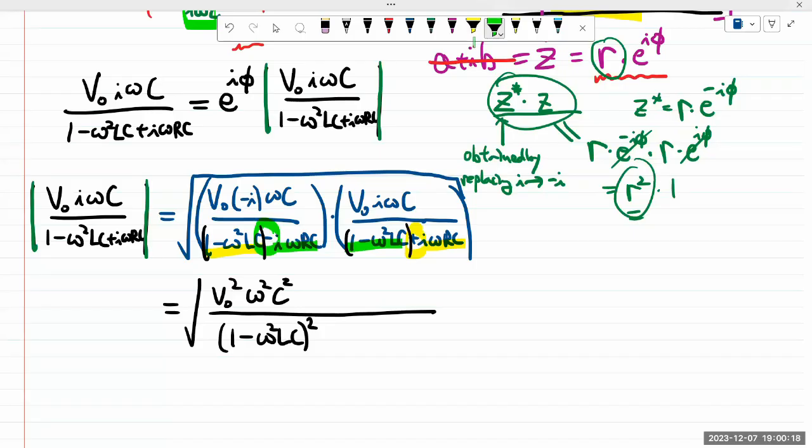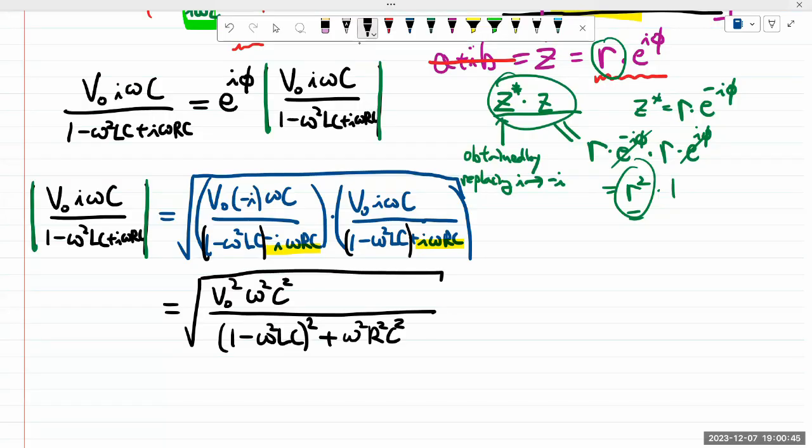So those cross terms will cancel. I won't even write them down. The only remaining part I have to deal with is the imaginary part multiplied to the imaginary part. So minus i times i gives me plus 1, and then omega squared R squared C squared. Good?